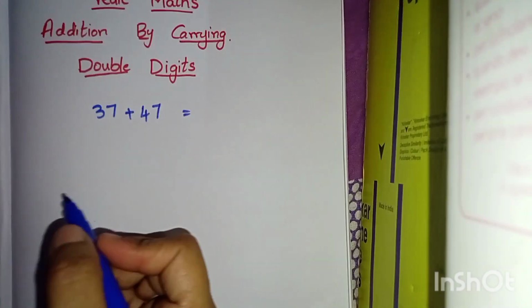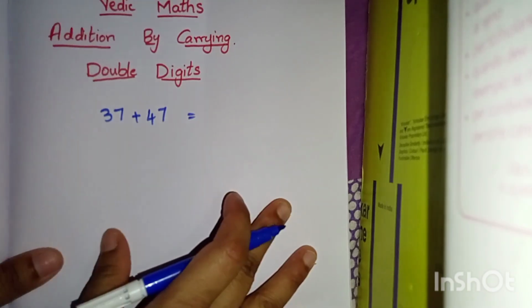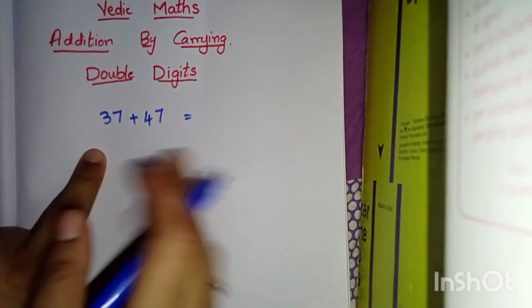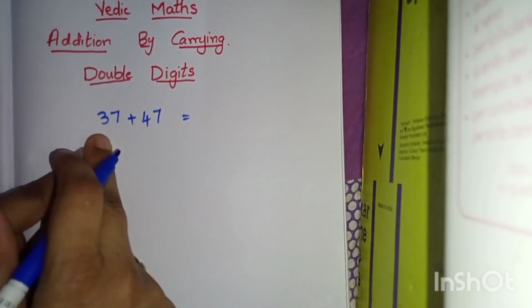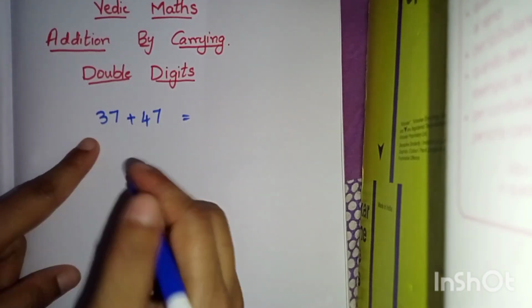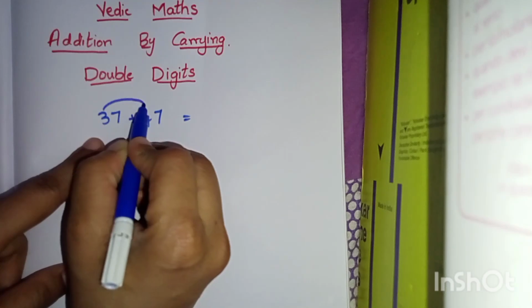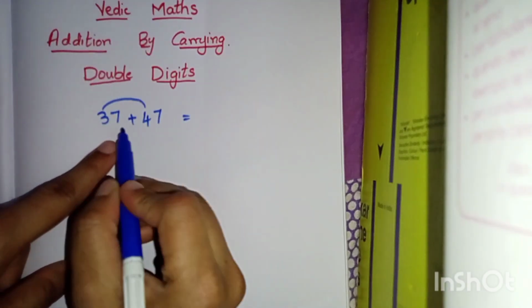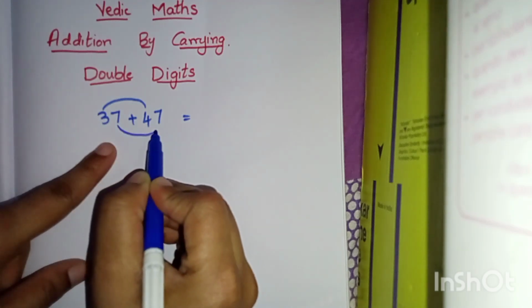First, whenever we are doing addition in Vedic Maths, we have to go from left side to right side. Subtraction is also done the same way. So first, what is 3 plus 4? It's 7, right? Let it be, don't write it here. Next, let us add 7 plus 7.